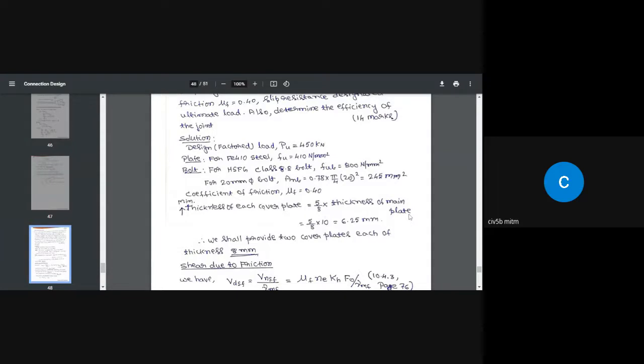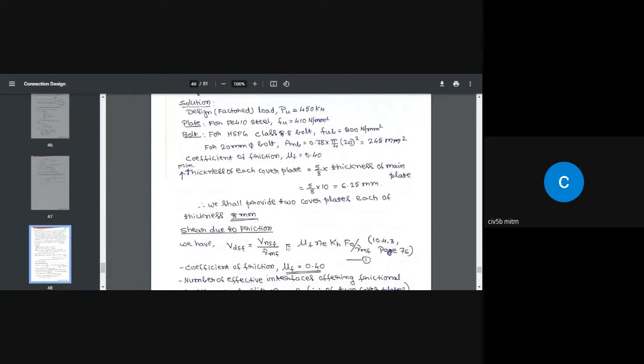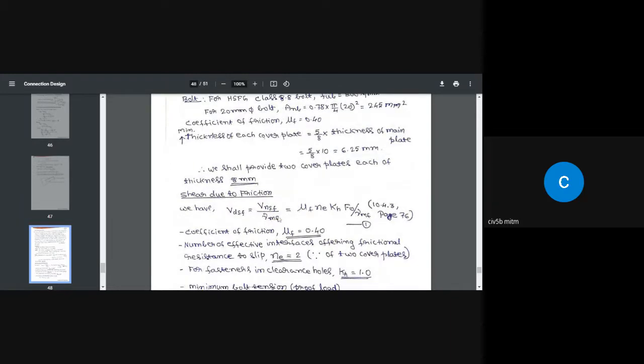So we have to give at least 6.25 millimeter cover plate on each side. But we don't have a 6.25 millimeter cover plate in the market. So what we have is the next higher value, which is 8 millimeter. So provide 2 cover plates, each of thickness 8 millimeter.